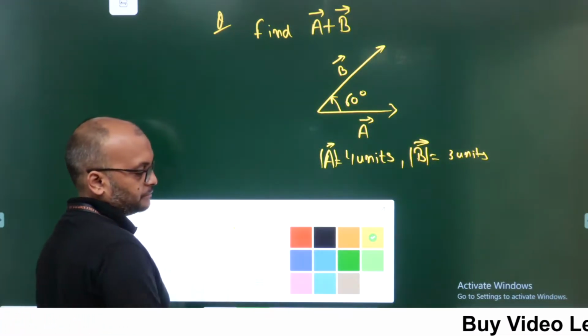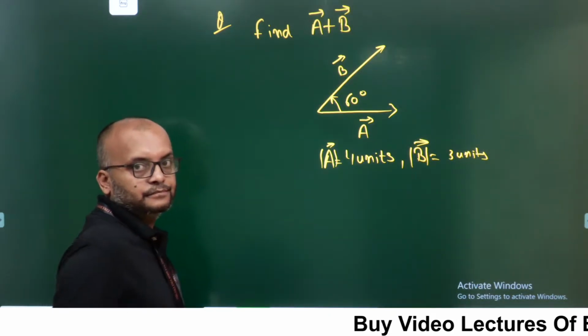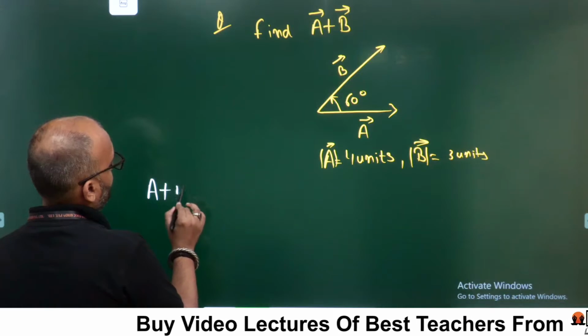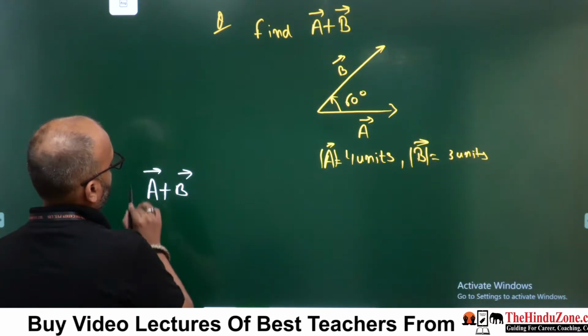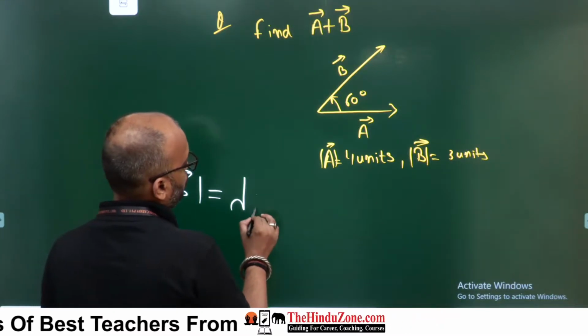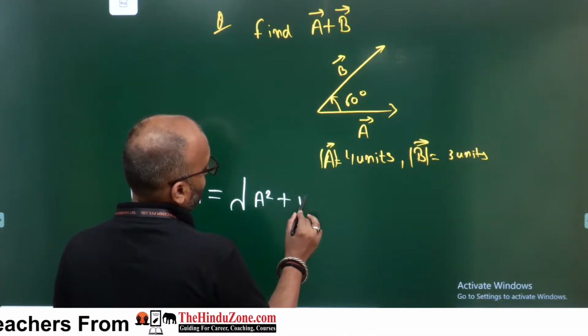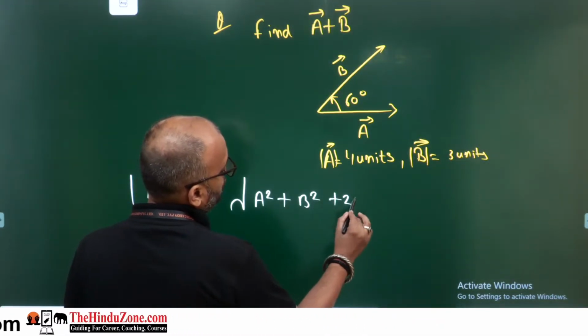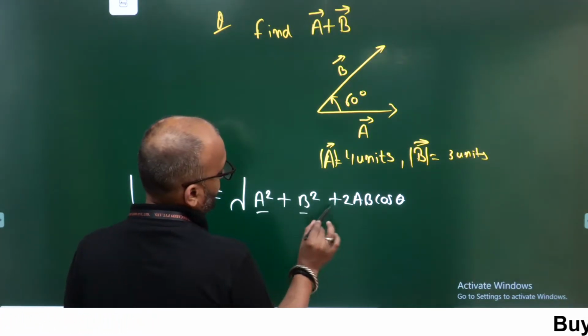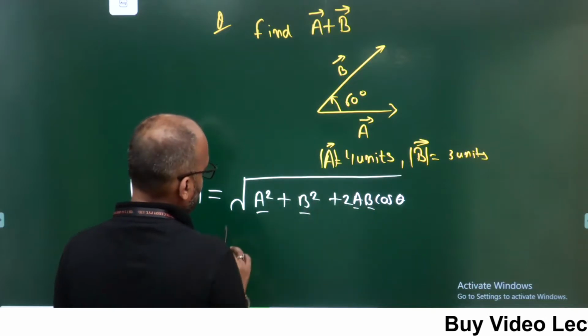Please see. So I have to calculate A plus B vector. So magnitude of A plus B vector will be under the root of A square plus B square plus 2AB cos theta. And what is taken here? Magnitude of A and B is taken.